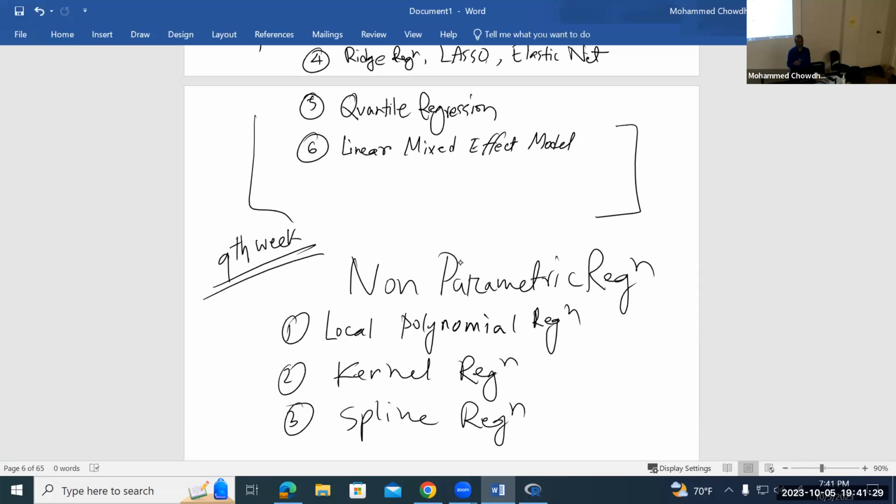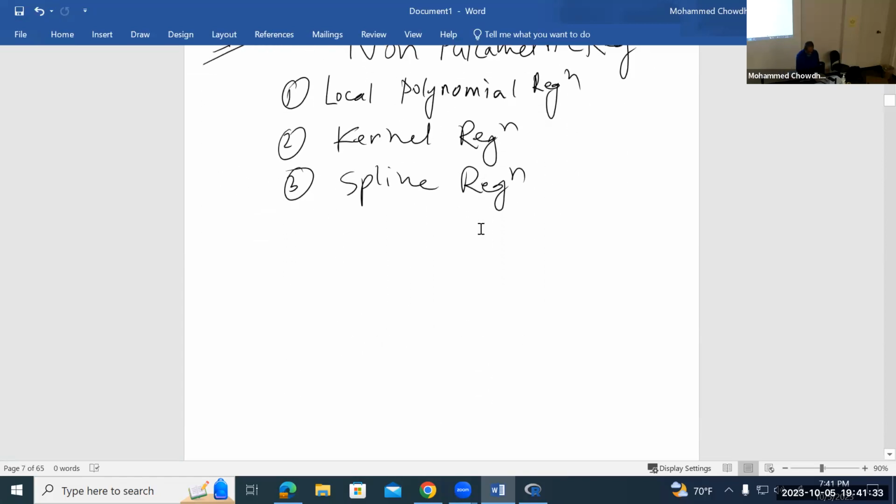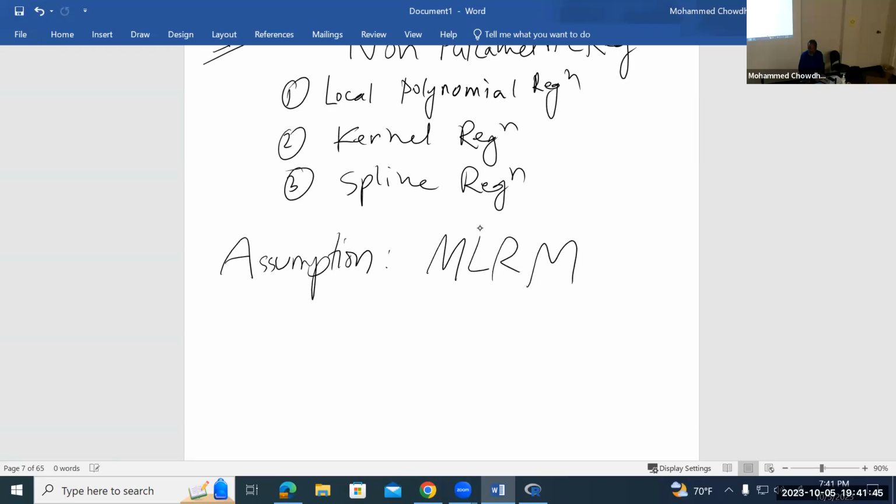So you know what the fundamental assumptions of multiple regression model are? What is the fundamental assumption? What are the fundamental assumptions of multiple linear regression model? Linearity? Multicollinearity? What are the fundamental assumptions of this linear regression model?